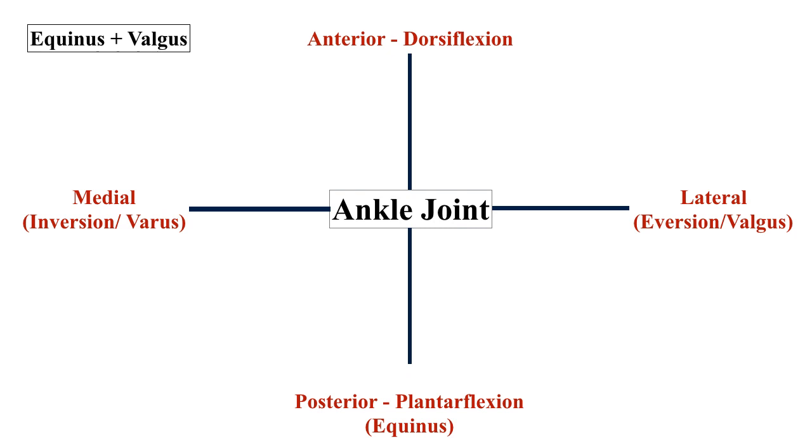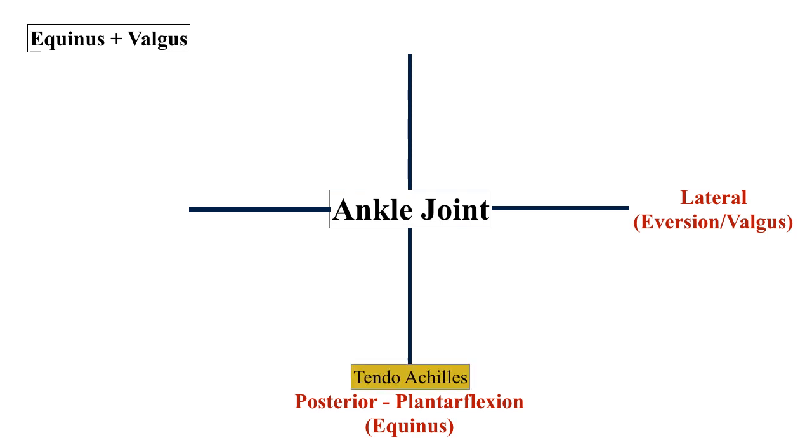So we need the posterolateral quadrant, so the remaining two can go, and hence the muscles involved are the tendo Achilles, which causes equinus, and peroneus longus and brevis, which cause eversion or valgus. And these are the three muscles which have to be surgically lengthened in a case of equinovalgus foot.